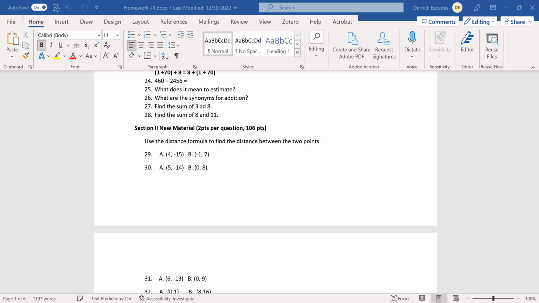Right. So then x2 minus x1 and y2 minus y1. So 5 minus 1 is 4. And 4 minus 1 is 3. We've seen these numbers before.